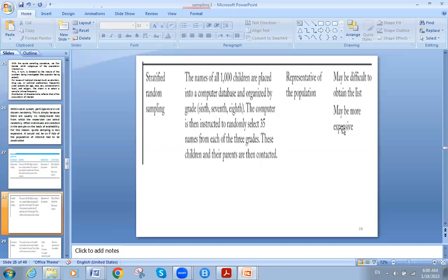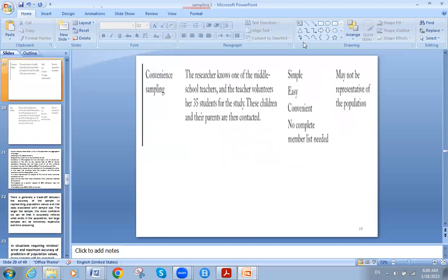But it's still that may be difficult to obtain the list also and expensive. So it's like the random sampling. It might be expensive and might cost as well.